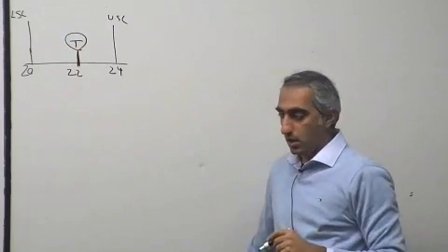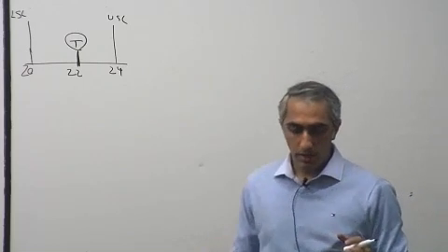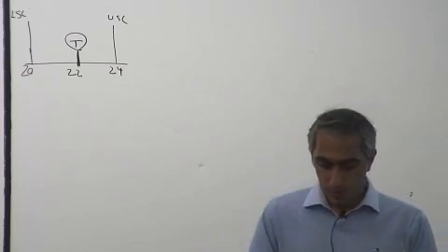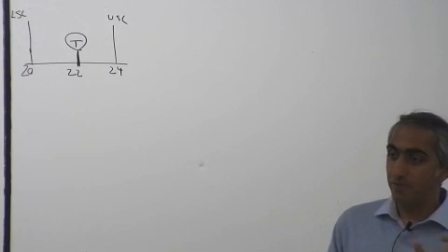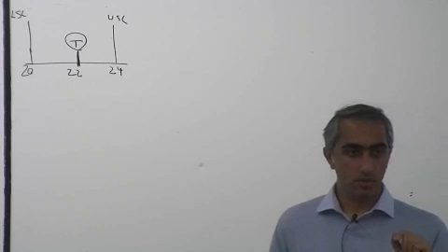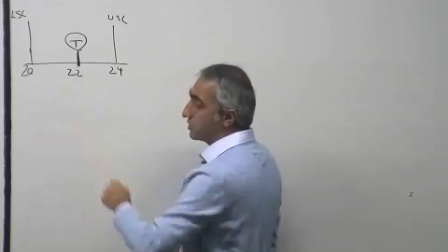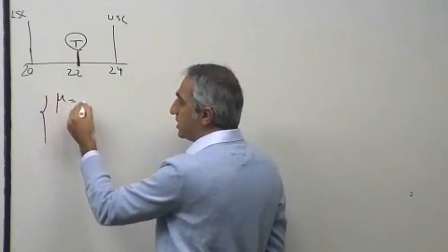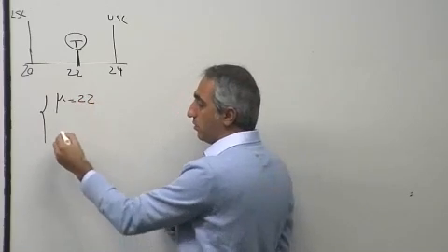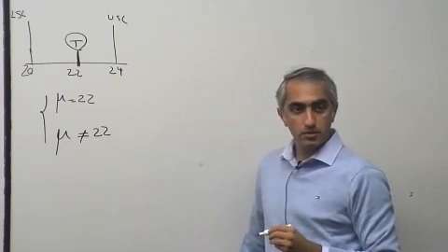Okay? And you have a supplier. He tells you that my process can produce parts which are on average 22 inches, which is your target. Then I want to see if his claim is correct or not.